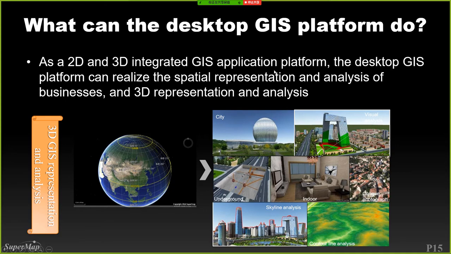Okay, iDesktop not only supports the two-dimensional map representation, but also supports the 3D visualizations. And through the interactive operation of the platform, we can use the simulated 3D model to load various types of the data to achieve the 3D browsing.